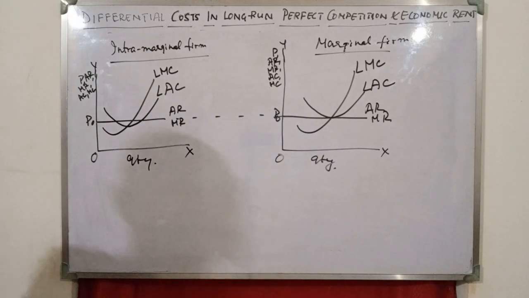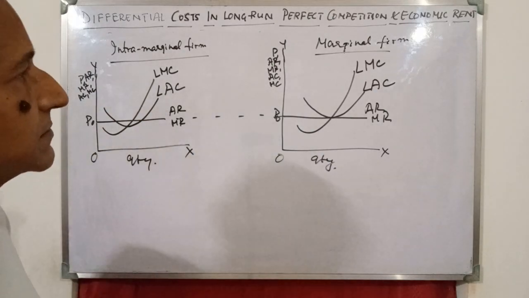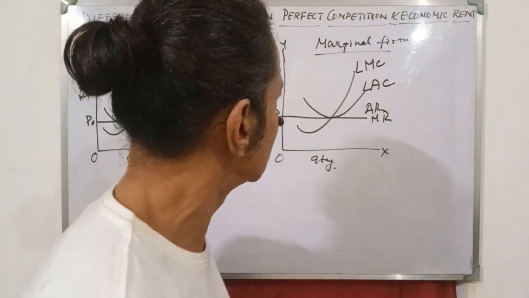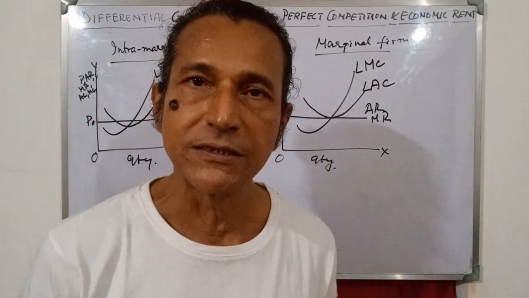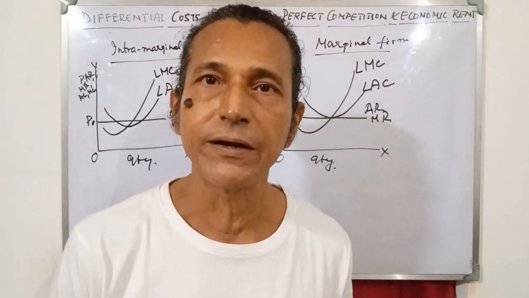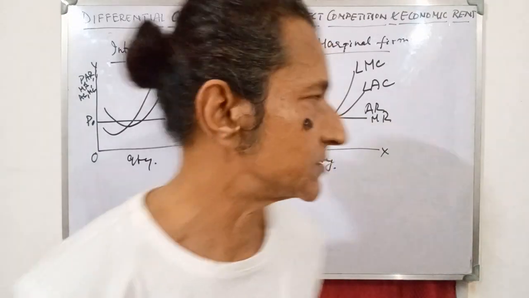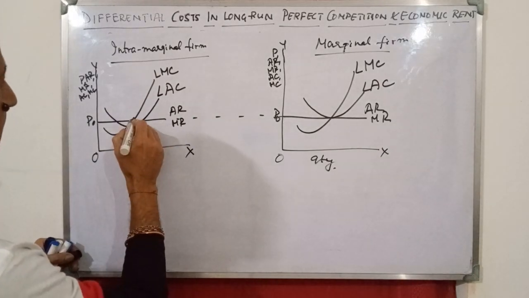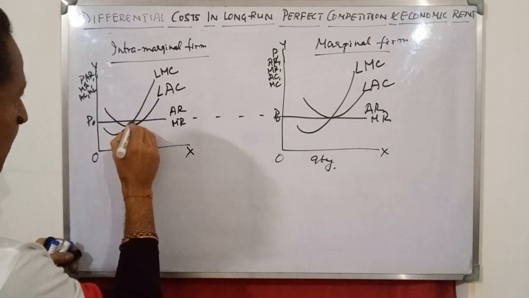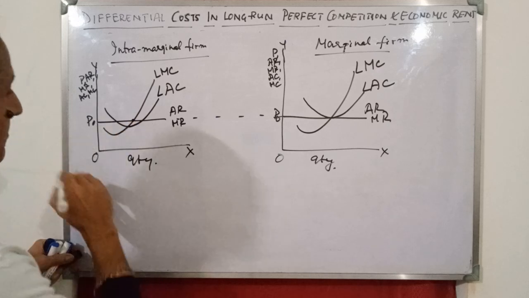They can only accept the price and adjust the marginal cost with marginal revenue. That is, firms equate marginal cost and marginal revenue to determine how much quantity they would produce. Here you see the long run marginal cost and marginal revenue curves intersect at this point.